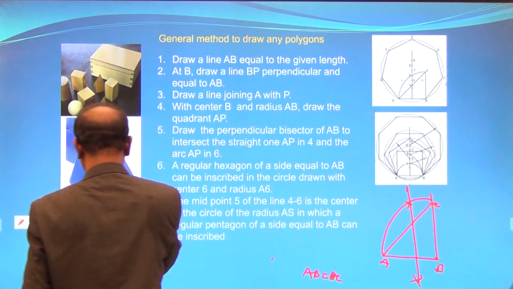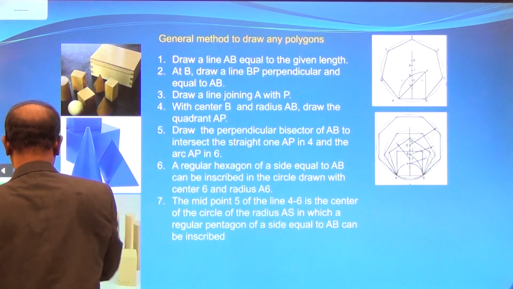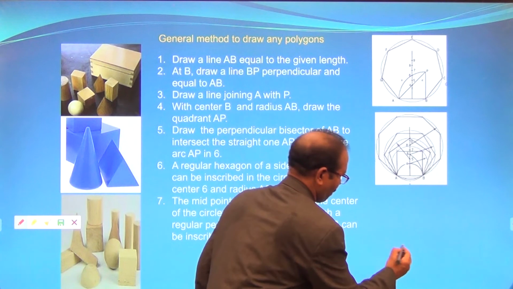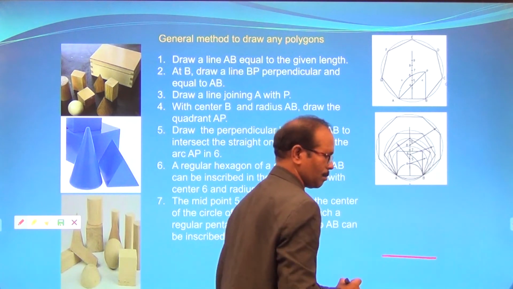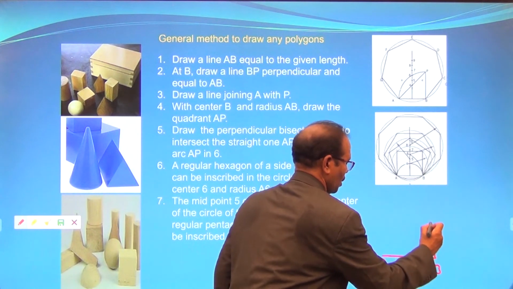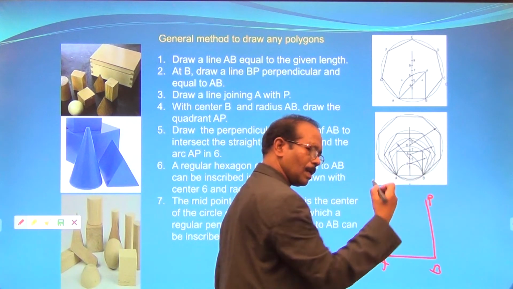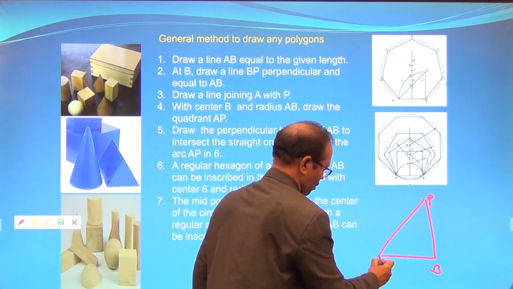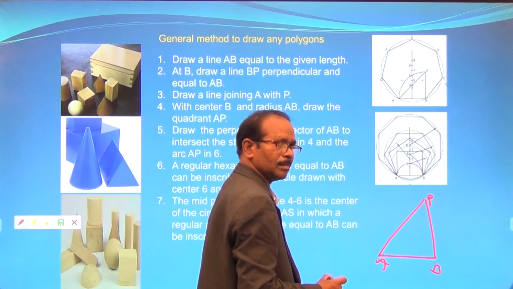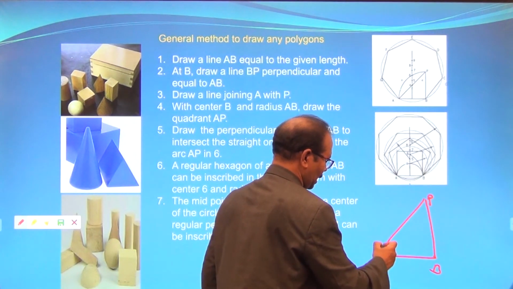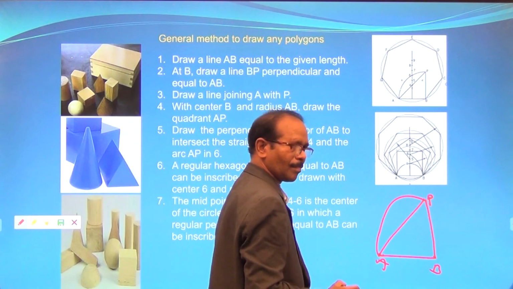I repeat, just follow the steps. AB and BP, for example, equal to AB. Draw a line. Now B as a center and BA as a radius, draw an arc.